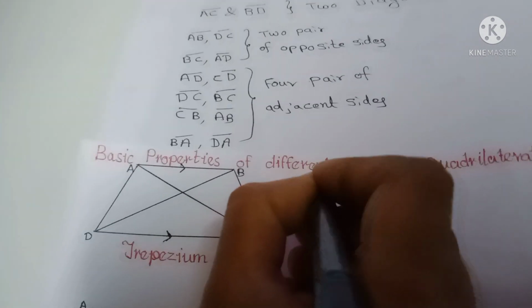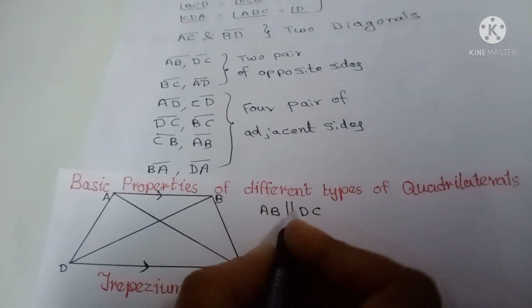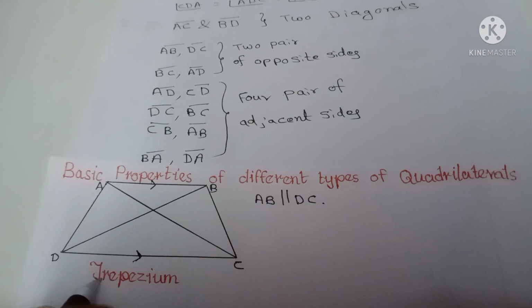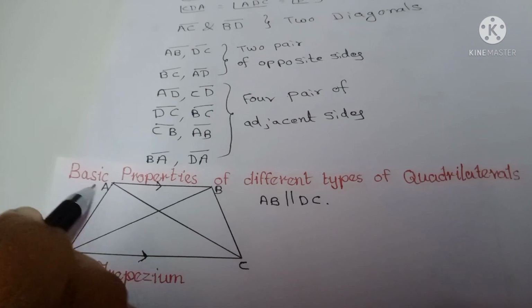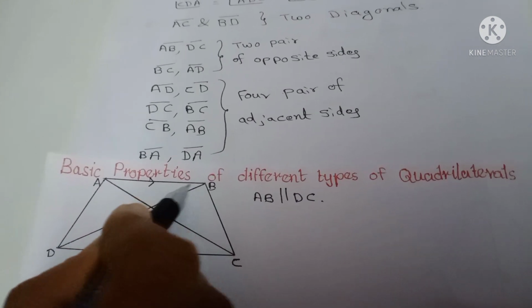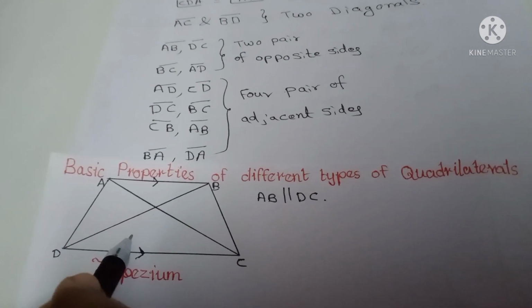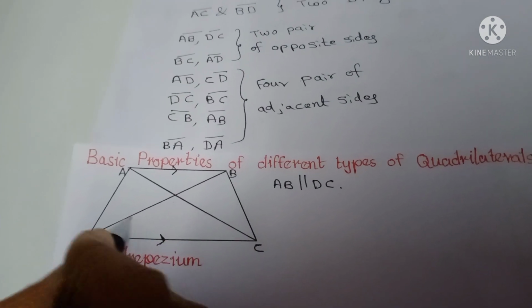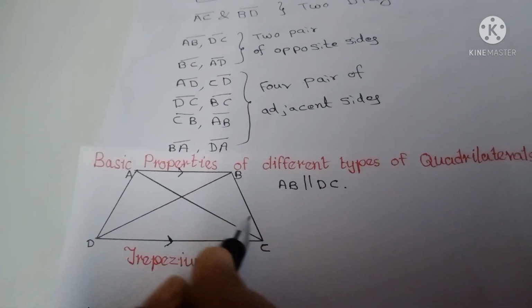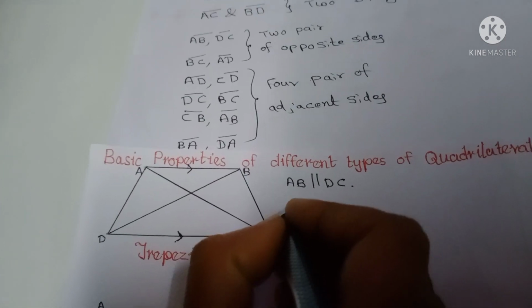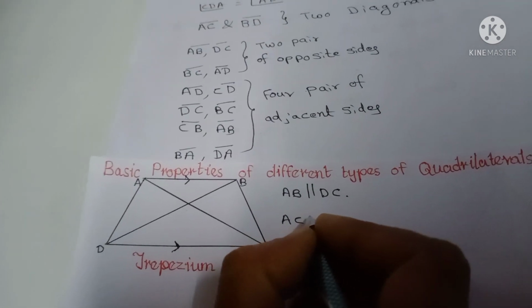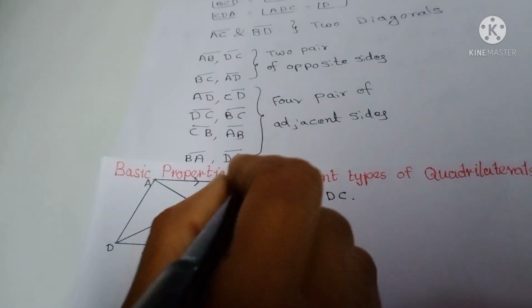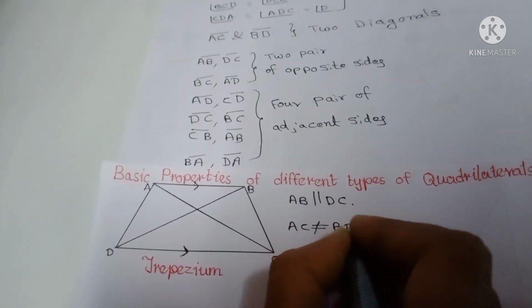AB parallel DC. In this trapezium, diagonals do not bisect each other, and diagonals are not equal. AC not equal to BD.